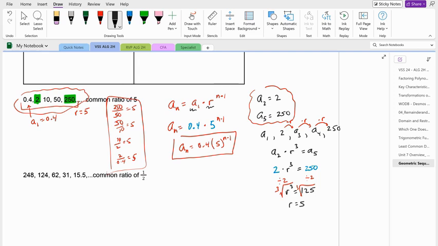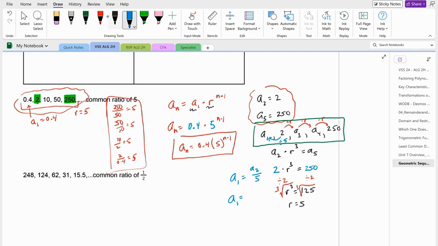That's one of the things we need to know for a sequence, but we also have to know the first term. And so then we need to go backwards, back to our list here. Instead of multiplying the second term by r, we are going to divide by r to go backwards on our list to find out what the first term is.